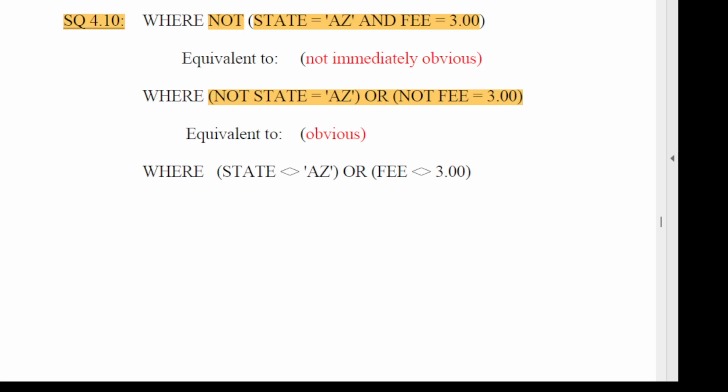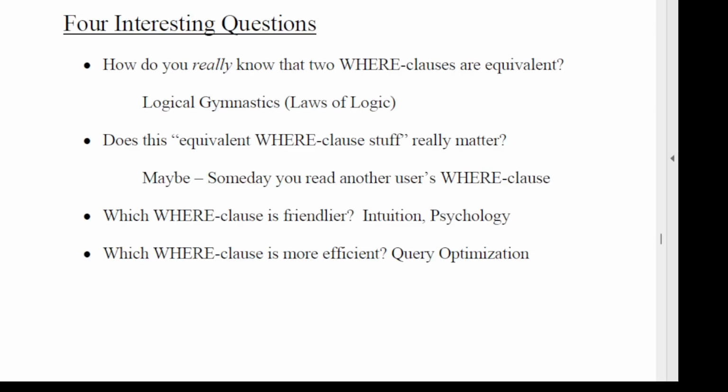Once you get it here, though, you could say, if you wanted to, I've got not in front of this thing and not in front of that thing. And I really like the not equal sign. So instead of saying not state is equal to Arizona, I use the not equal symbol here. Instead of saying not fee is equal to $3, I use the not equal fee here. But when we went from one condition to another condition, it was not immediately obvious.